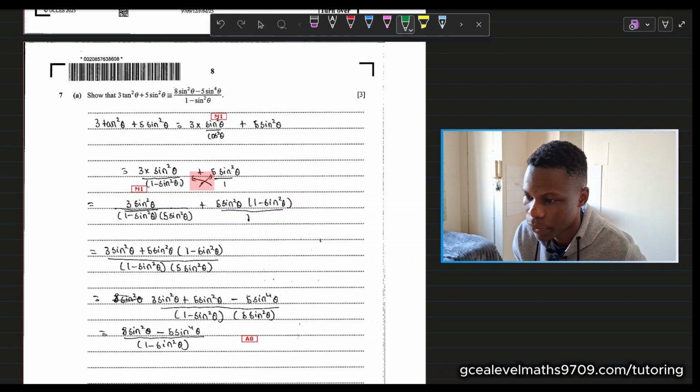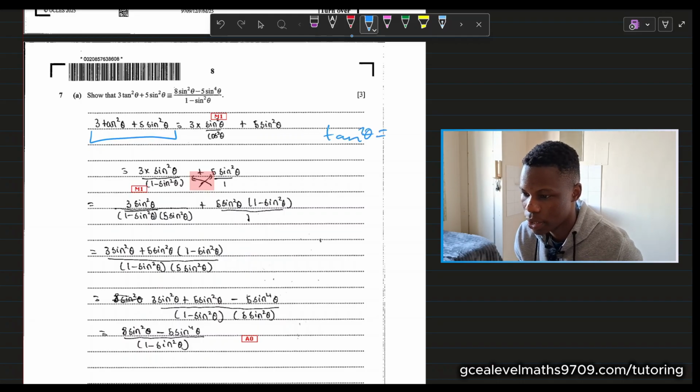Okay, so you picked the left-hand side, 3 tan squared plus 5 sine squared, and then, very, very well done, you took tan squared theta, and you used the identity that this is the same as sine squared theta over cos squared theta, which is perfect. Love that from you. And then where do we go from here?